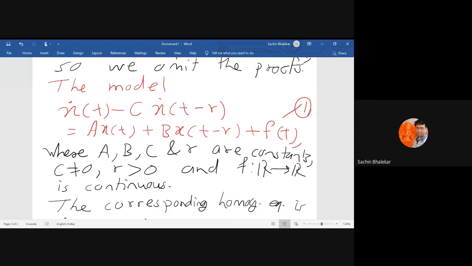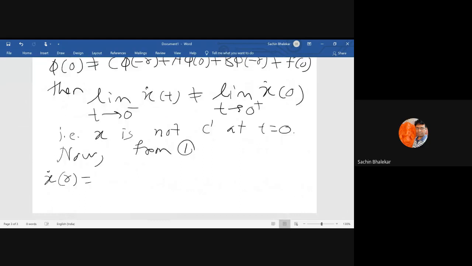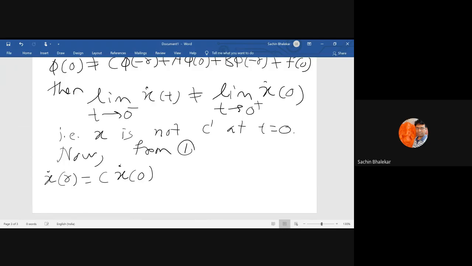Okay, we are putting t equal to r in this equation. x dot of r equals c times x dot of 0 plus a times x of r plus b times phi of 0.